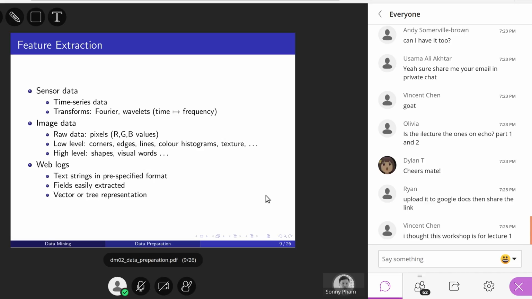Then, put together, you have what I call time series data. And how can we analyze the time series data? There are different transforms that are typically used, for example, Fourier transform or Euler transform.